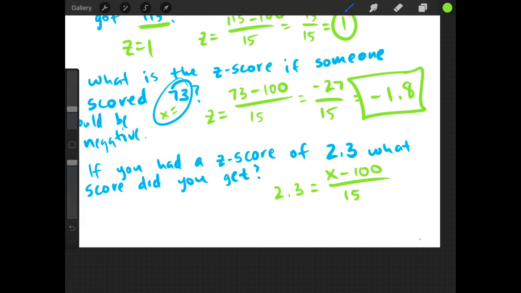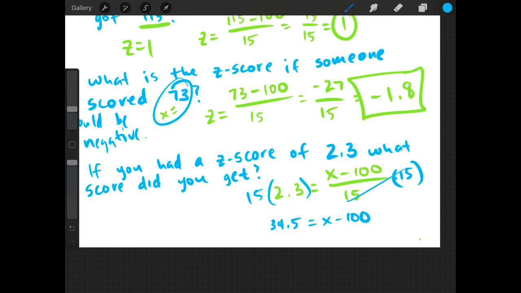The way you're going to solve this for x is the same as previous ways. We need to get rid of this 15 on the bottom, so we multiply both sides by 15 first. That cancels out the 15. 15 times 2.3 is 34.5, equals x minus 100.